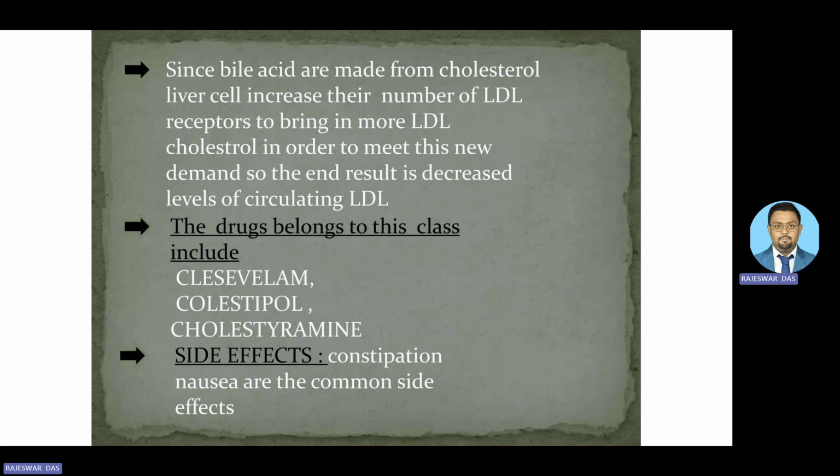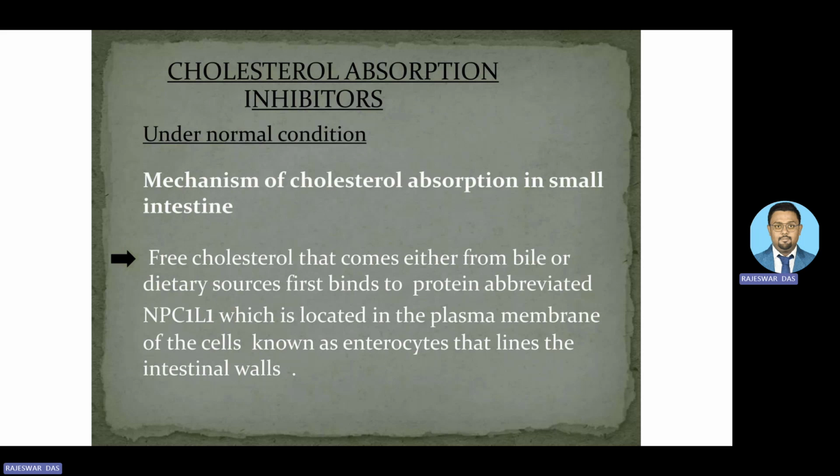Now come to the cholesterol absorption inhibitor. Free cholesterol that comes either from the bile or from dietary sources binds to the protein NPC1L1, which is located in the plasma membrane of the cells known as enterocytes that line the intestinal wall.